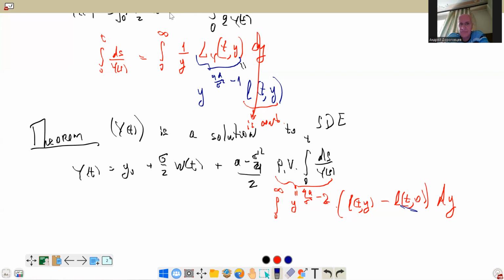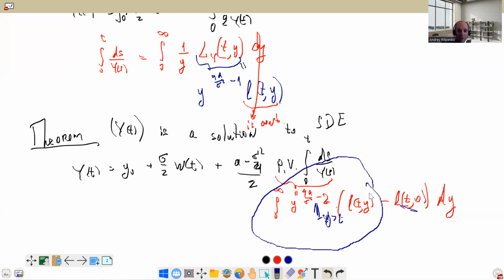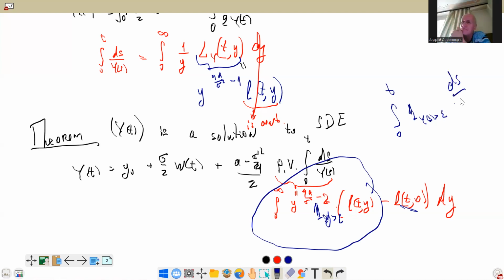Okay, thank you. So you see, if you write here some indicator, for example, y greater than epsilon, then this integral is equal to the integral of the indicator of y of s greater than epsilon, maybe some constant, ds over y of s. So we have a good process.